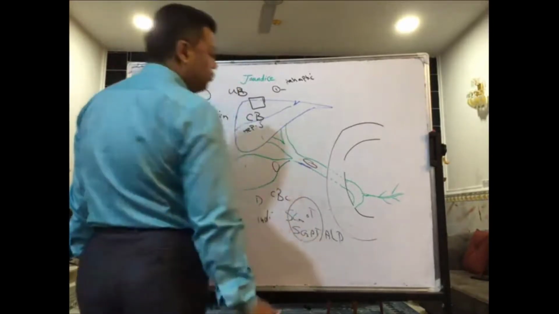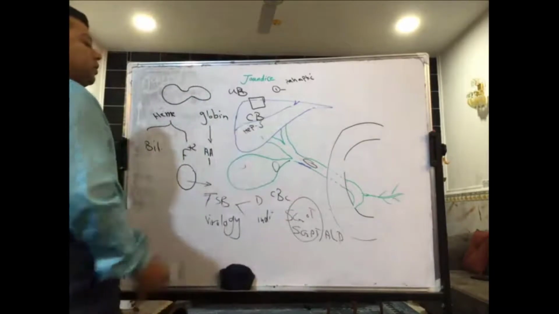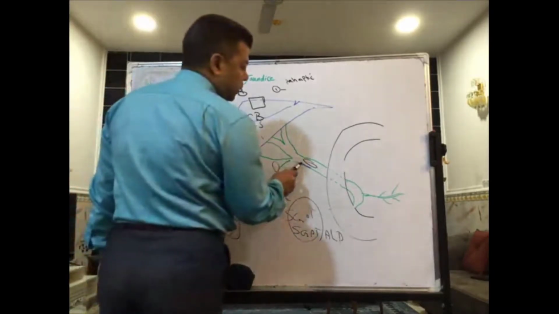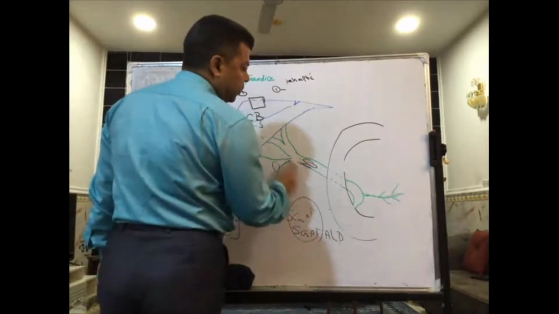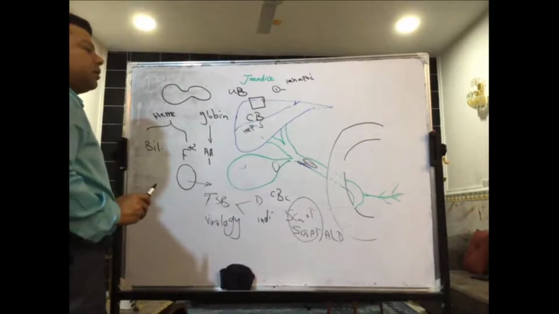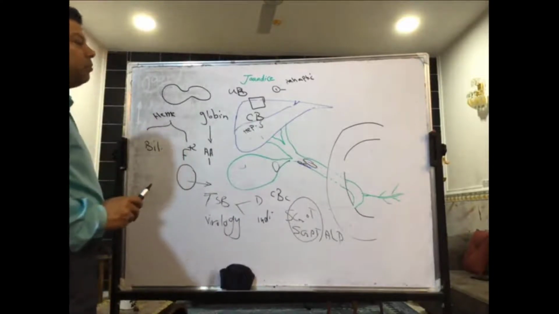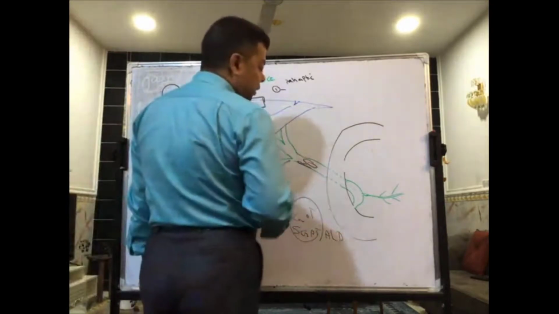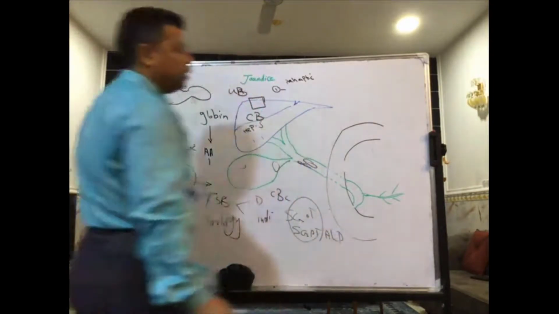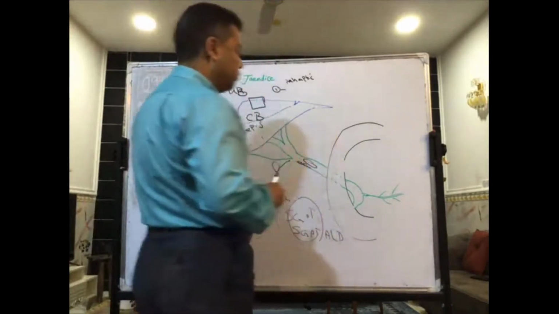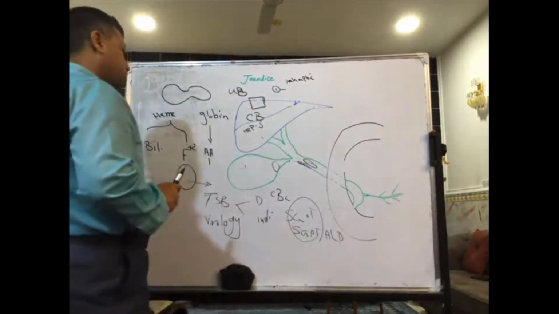And the alkaline phosphatase can be produced from different sites, but from the epithelial lining of the biliary tree, extrahepatic biliary tree, and when there is an obstruction, there will be elevation of the alkaline phosphatase to indicate an obstructive process.